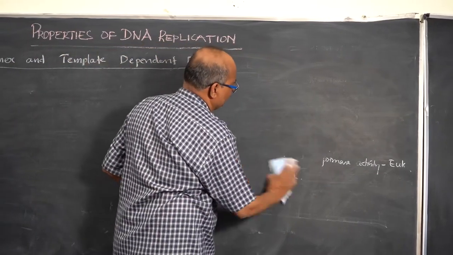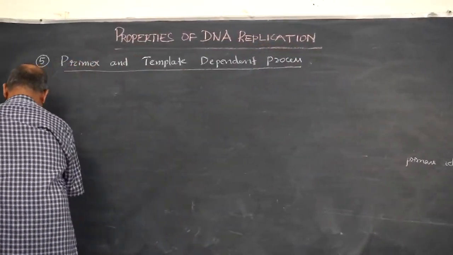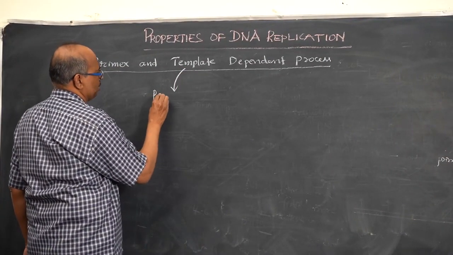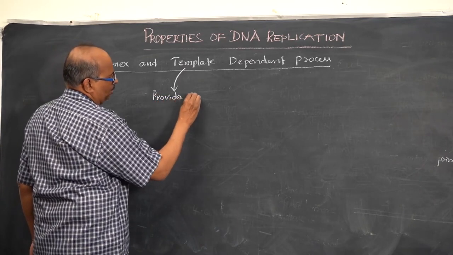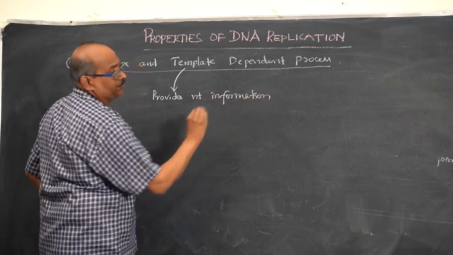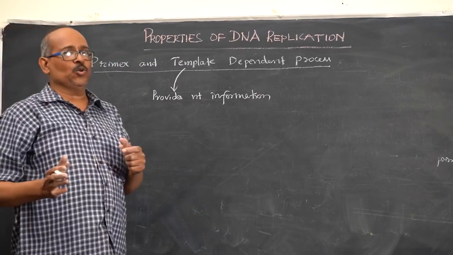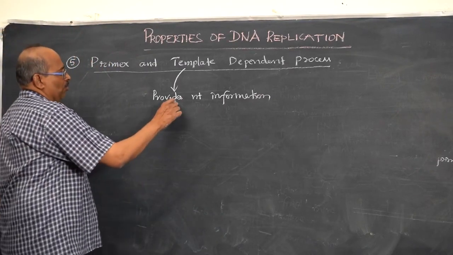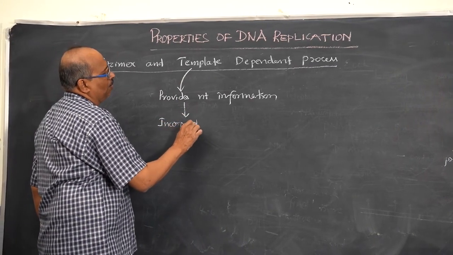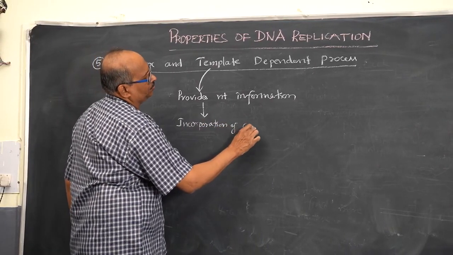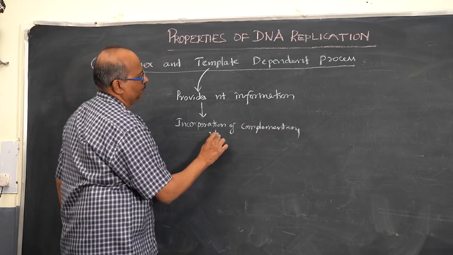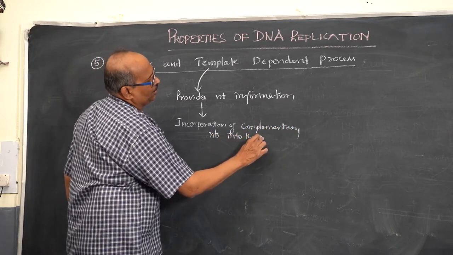Then when you take the template, it is the molecule that provides nucleotide information, and based on this nucleotide information, you have incorporation of complementary nucleotides into the new DNA strand.